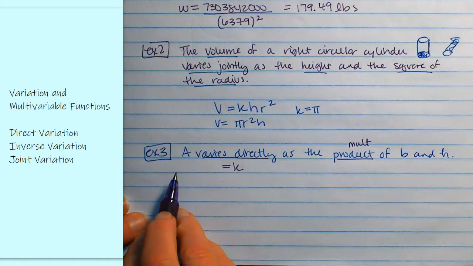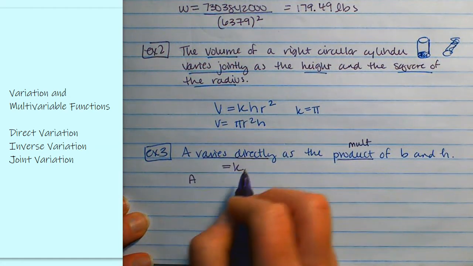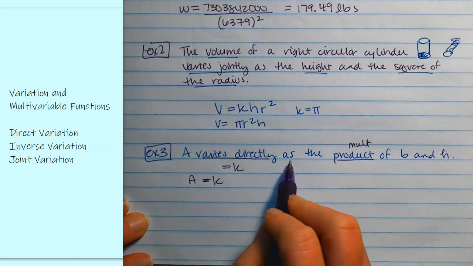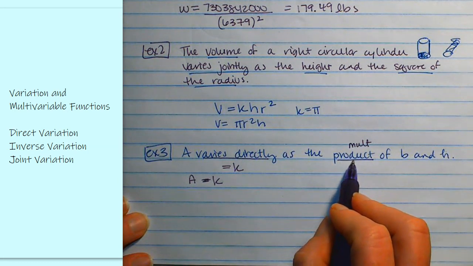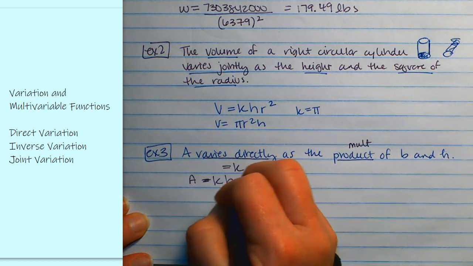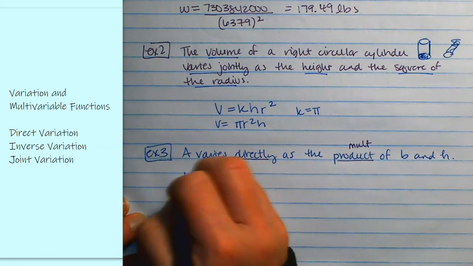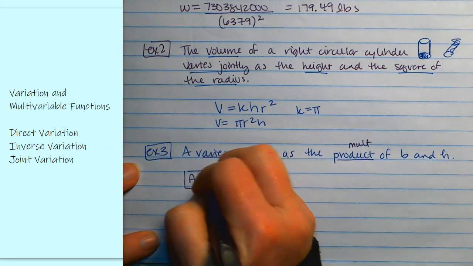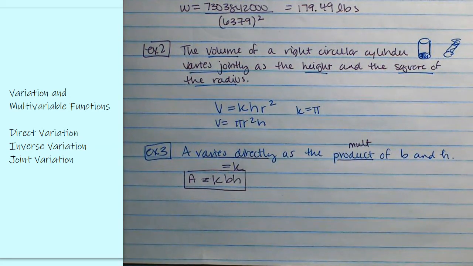Okay, so here we go. A varies directly, equals K, as the product, multiply B and H. Boom. We have taken this, this is supposed to be equals, but it came out ugly. Let's rewrite it. Equals K B H. And that's all there is to that particular example.